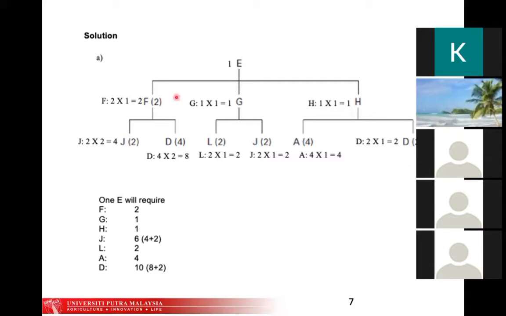So we go down to level 2. To produce 1 unit of F, we use 2J and 4D. To produce G, we need 2L and 2J. And then we need 4A and 2D to produce 1H.